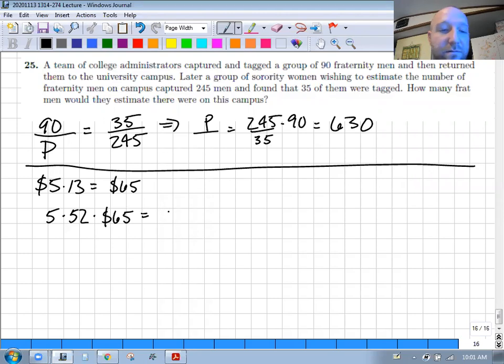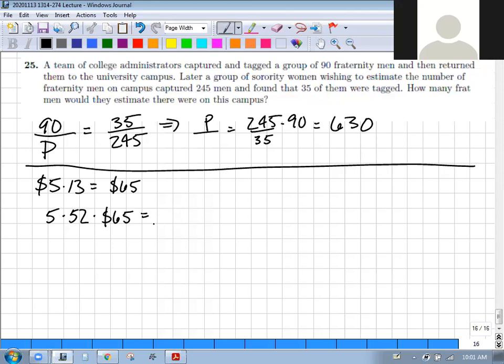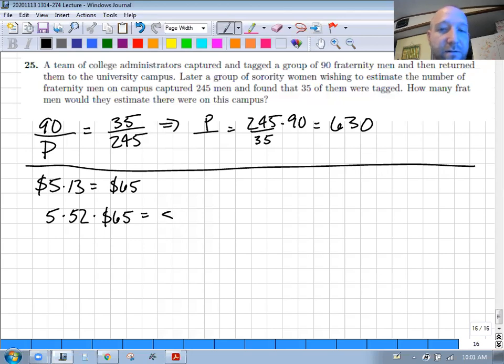That's $16,900. Am I doing that right? 52 weeks, 5 days a week. Yeah. So $65 times 52 weeks times 5 days a week is $16,900.